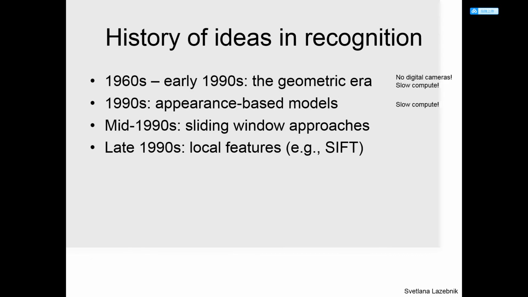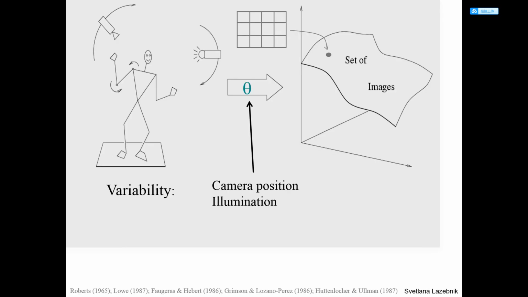And then after the mid-90s, there's a change to local feature approaches, for example, SIFT that we mentioned earlier. Now you assume camera position and illumination can change, but you assume the shape doesn't change too drastically.